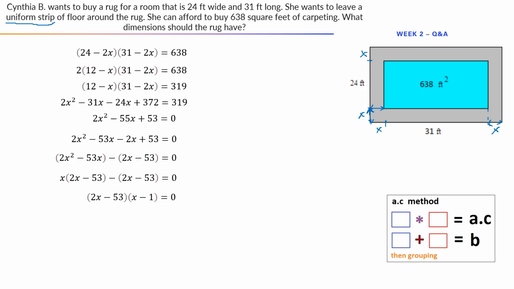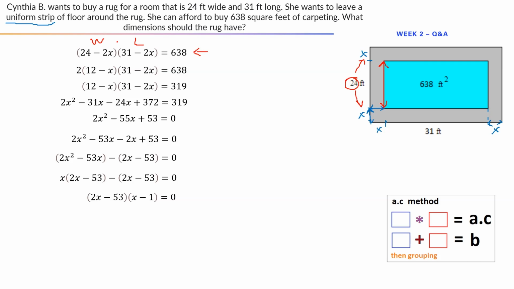That's why to find the width of the rug, we have 24 subtract X here and X here, that's 2X. So we have the first line, 24 minus 2X, that's the width, multiplied with the length.